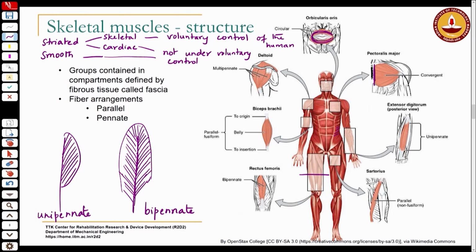In the case of the deltoid muscle, you have a central tendon like that, and then you have these fibers going out like that. Okay, you have what is a multipennate arrangement.